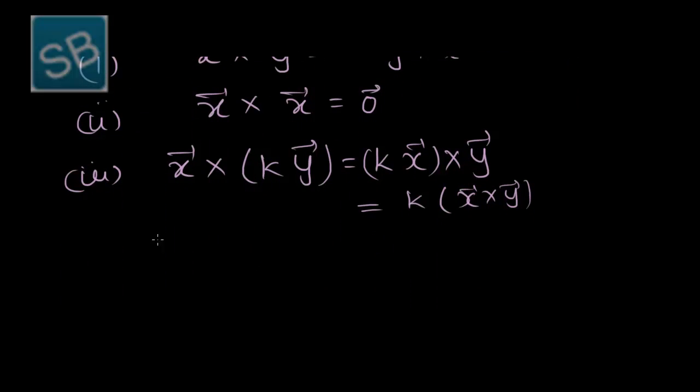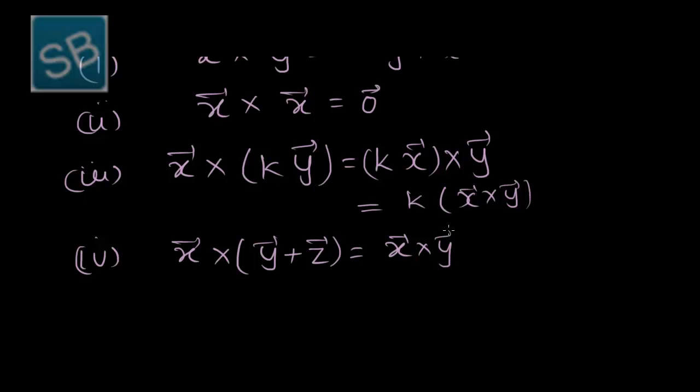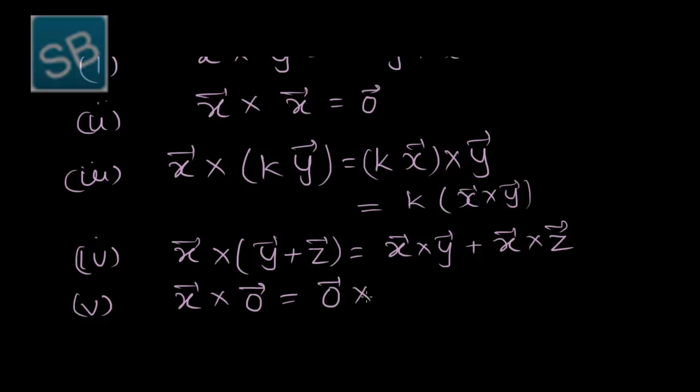Number 4, x cross vector y plus z is equal to x cross y plus x cross z. Number 5, x cross vector 0 is equal to 0 cross vector x is equal to 0.